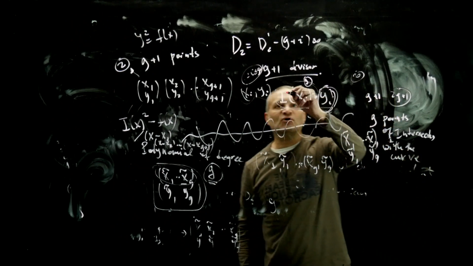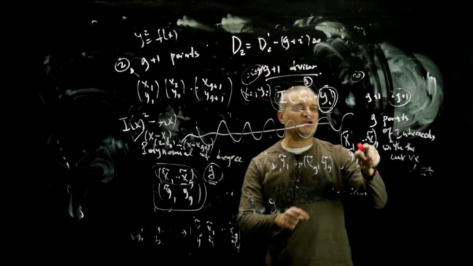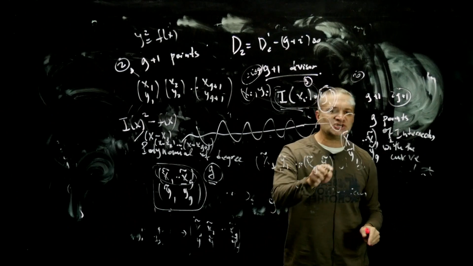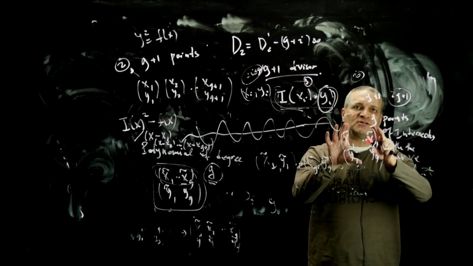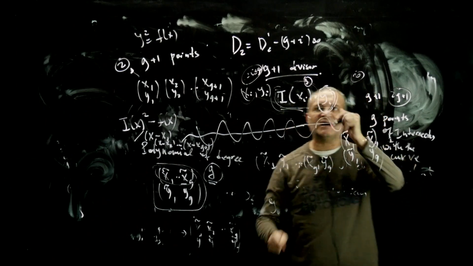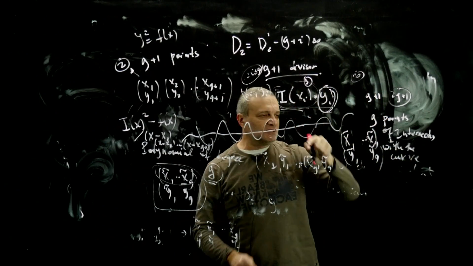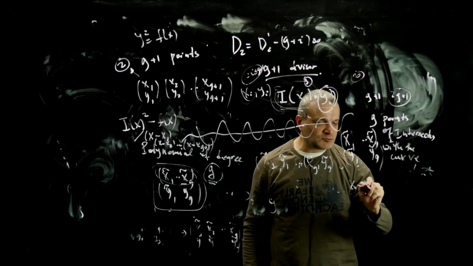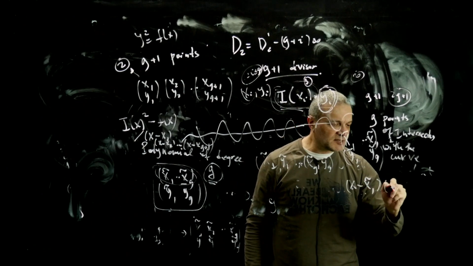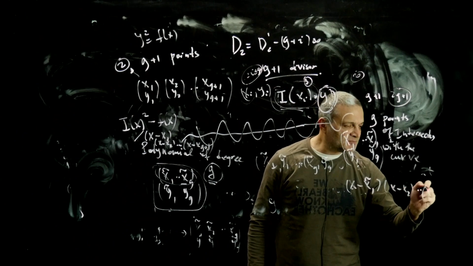In other words, you can basically forget about the points themselves and just look at the interpolation polynomial of degree g minus 1, as long as you know x minus x1 tilde, x minus x2 tilde, up to x minus xg tilde.